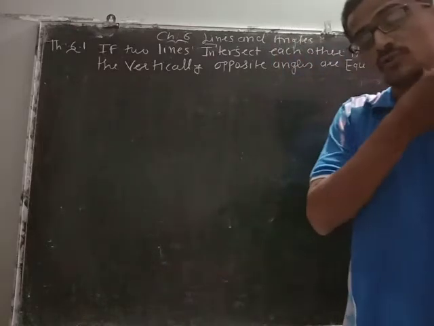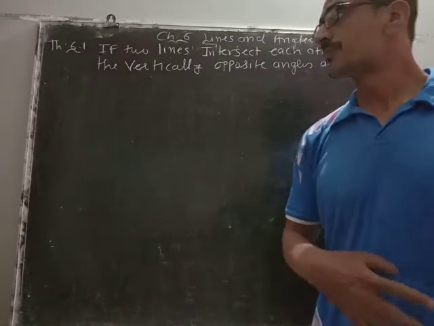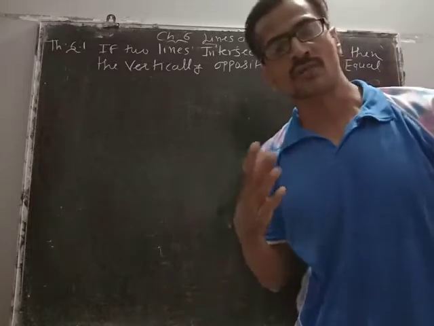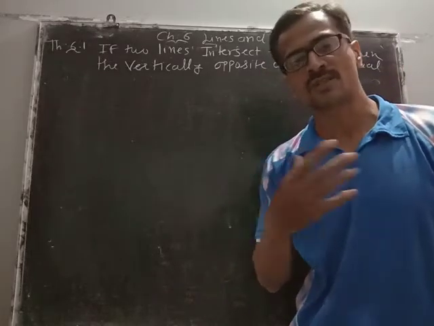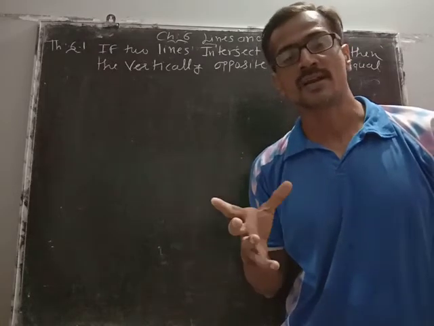See, a theorem consists of three parts: given, to prove, and proof. Whatever thing we have is called given, and after that the content to be shown is to prove.